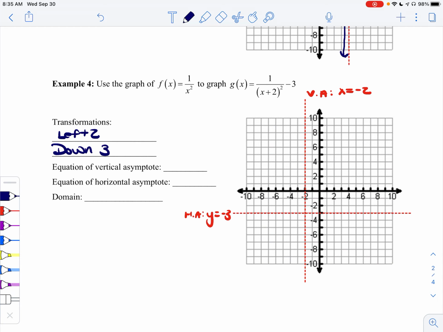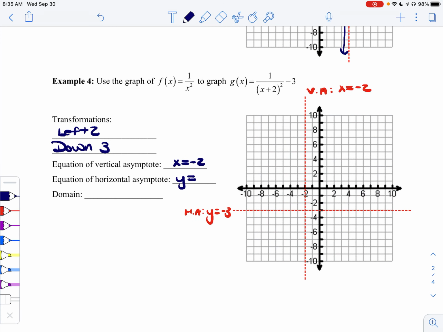All right, so again, vertical asymptote is at x equals negative 2, horizontal asymptote is at y equals negative 3. And our domain just has the same restriction that we found in our vertical asymptote, so negative infinity to negative 2, union negative 2 to infinity. Okay.